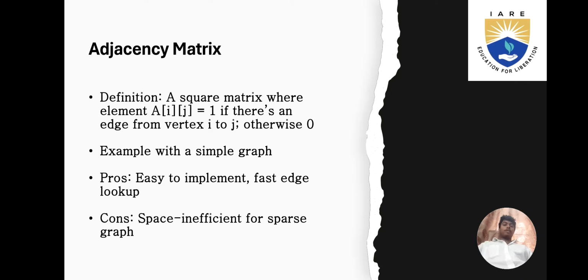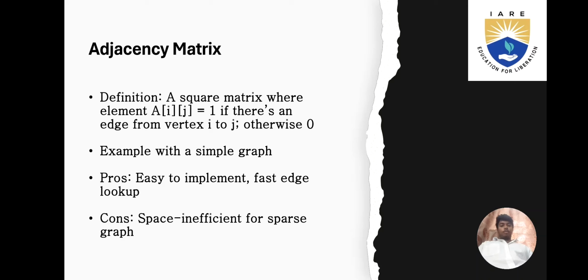The features of adjacency matrices are time complexity of O(1) for edge lookup, space complexity O(V squared) making it ideal for dense graphs, symmetric in undirected graphs, and asymmetric for directed ones. These are used in graph traversal, network flow, and spectral analysis.